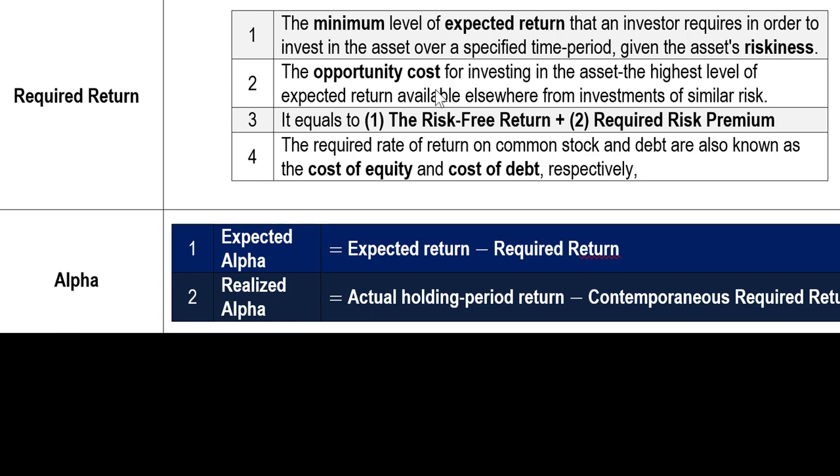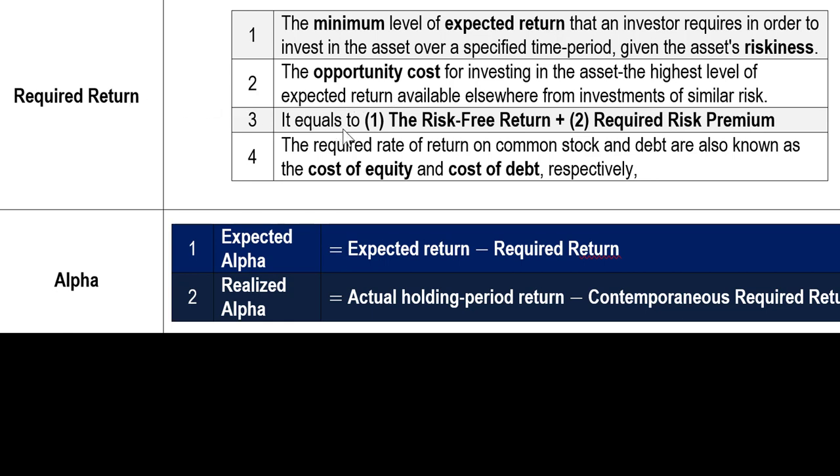So in order to accept appropriate risk, I will need, say, a 10% return. Otherwise I'm not going to do it. So that 10% is more like the opportunity cost. If I do that, what could happen? I could lose, so I will require at least 10% to compensate for the loss. That's the opportunity sense and the risk-adjusted return concept that we call required return.